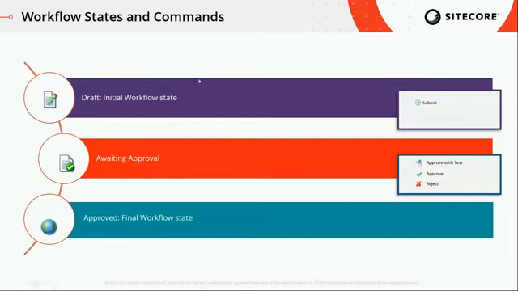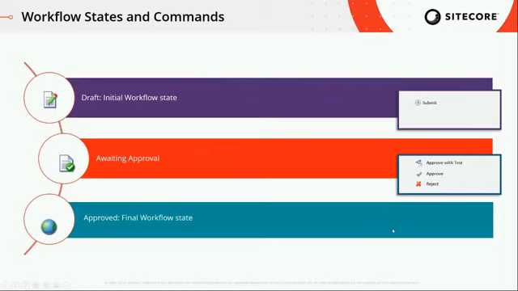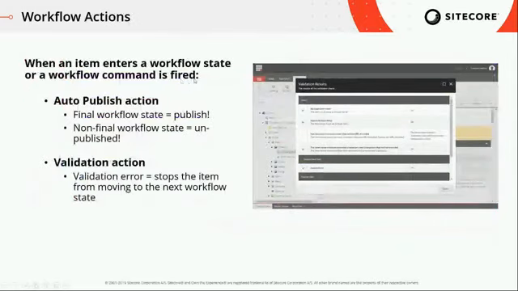So in regards to working with these workflows, there's going to be actions. I want to point out what these actions are, because like I said, once you approve, you're now in the final workflow state. Once it's in that specific final state, then the item gets marked as publishable.